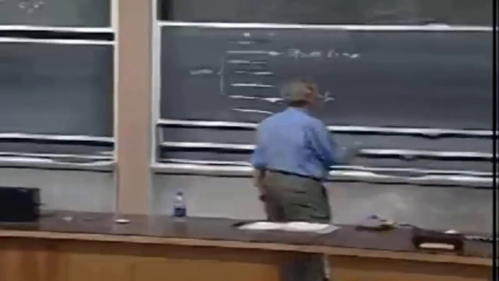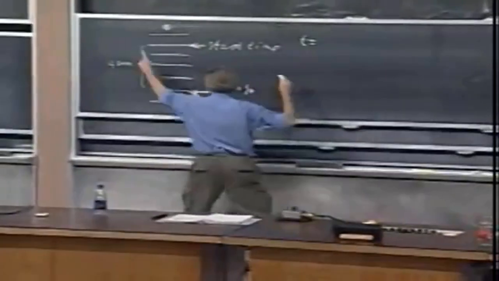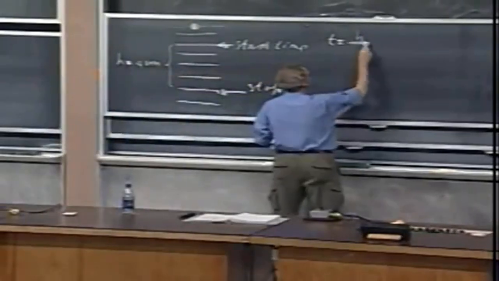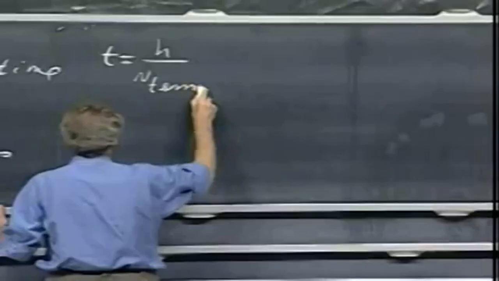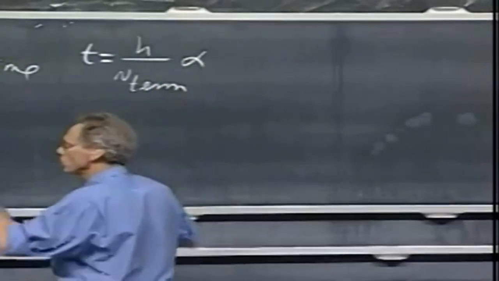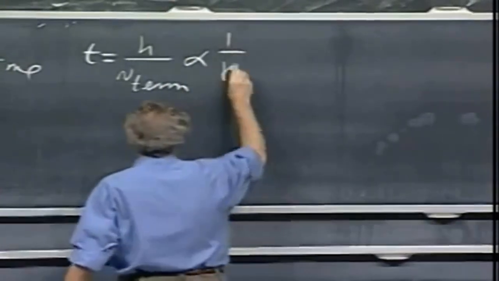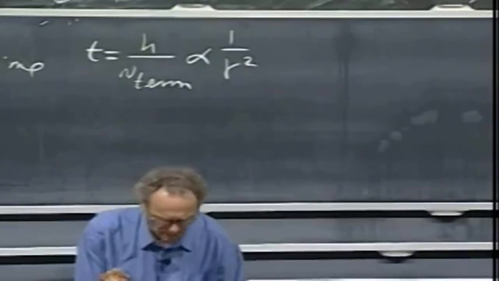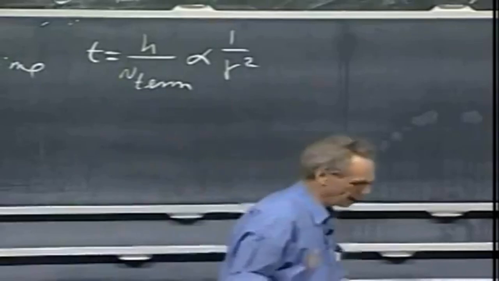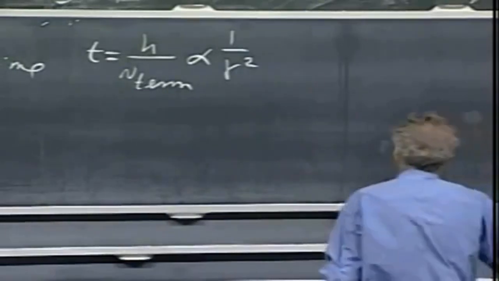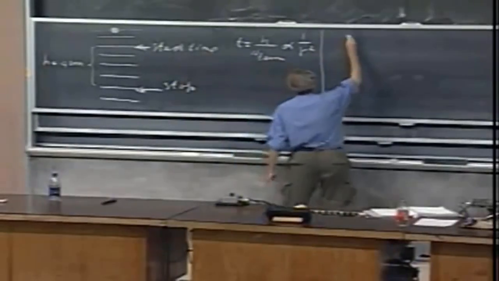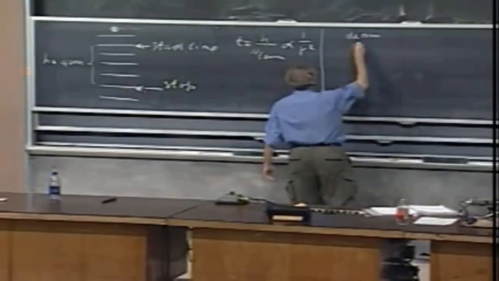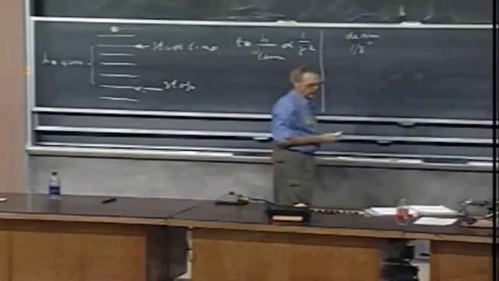Now the time that it will take is of course this distance, let me call it h, that the ball bearings travel, divided by the terminal velocity. And that is proportional, since you're in regime 1, to 1 over r squared. And now I will give you, not the radii, but the diameters of these ball bearings. That's the way they come. So we're going to get a list here of the diameters of the ball bearings, and their diameters are in inches. My smallest one has a diameter of 1/8 of an inch.